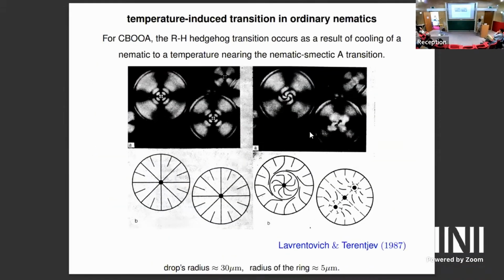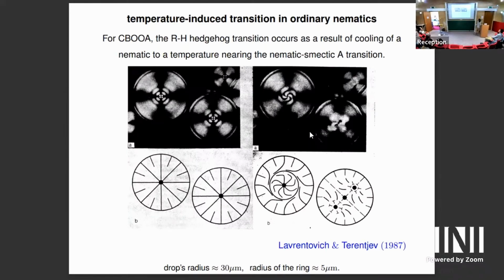And since the seminal work of Lavrentovich and Terentjev, we know that the radial hedgehog becomes unstable and becomes twisted as a result of cooling of the nematic to a temperature nearing the nematic-smectic A transition.